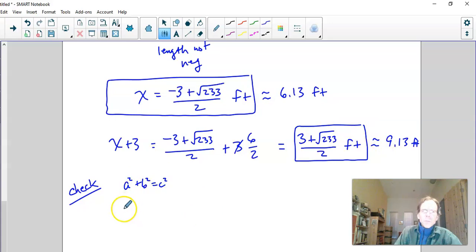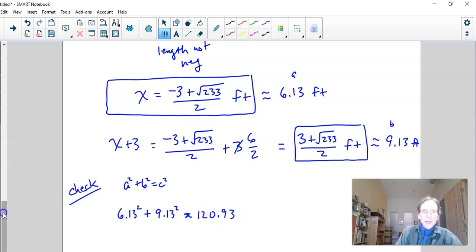So remember, this is like the A and this is like the B here. So 6.13 squared plus 9.13 squared. I put that in a calculator and I got about 120.93.